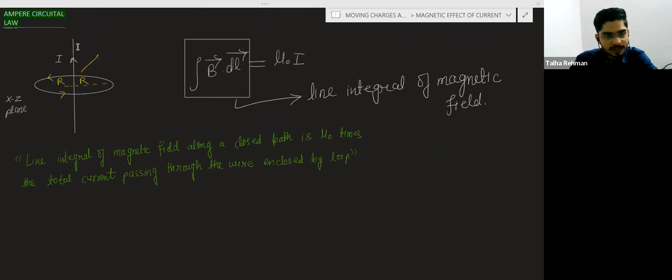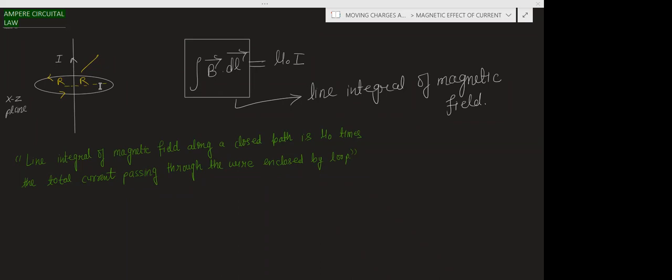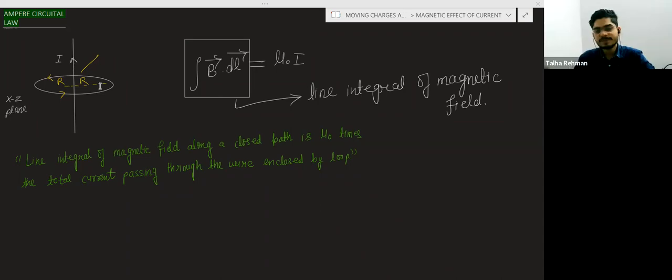You have this current carrying wire carrying a current I, and this is a straight wire. I am considering a circular loop around it. Then I will do the line integral of magnetic field, like the integration we have, along the length of the circle.